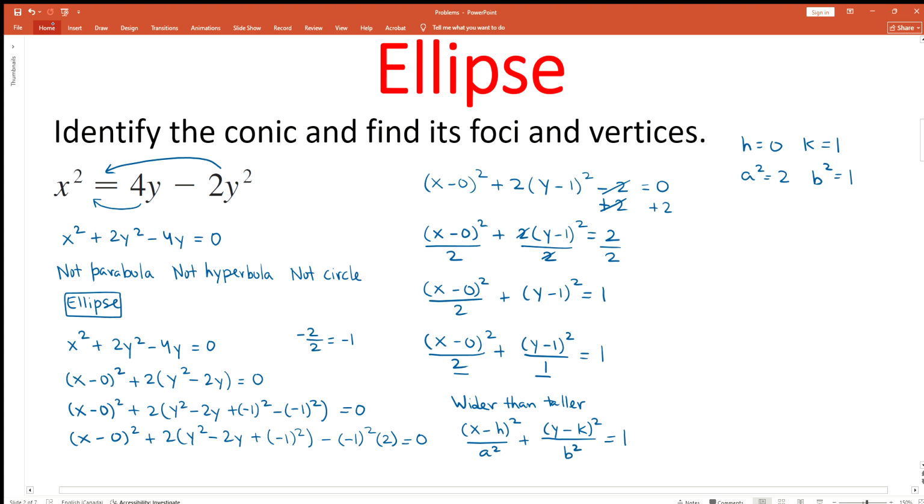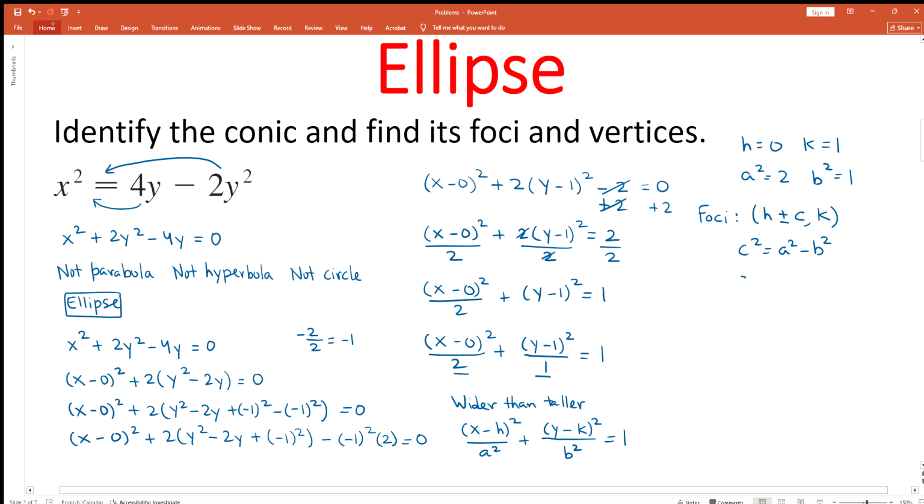We can use these values to find the foci and the vertices. Let's start with the foci. Foci of an ellipse that's wider than taller is h plus minus c, comma k. We can find the value of c from the equation c square equals a square minus b square.